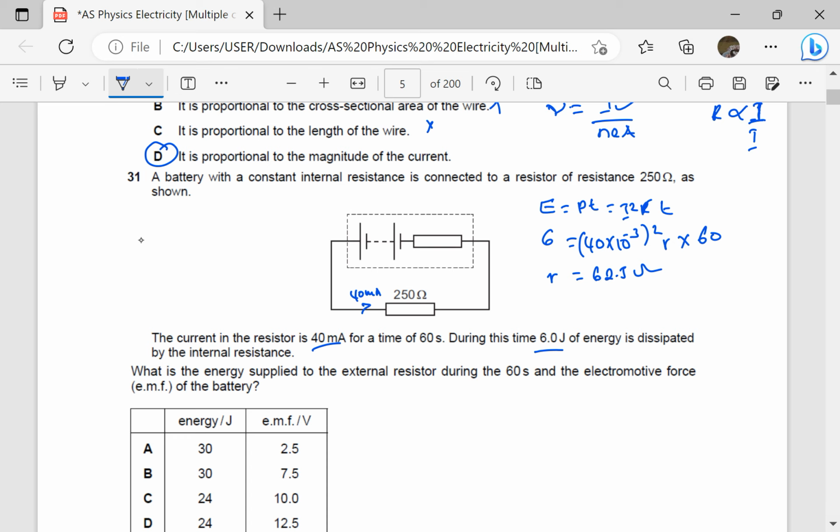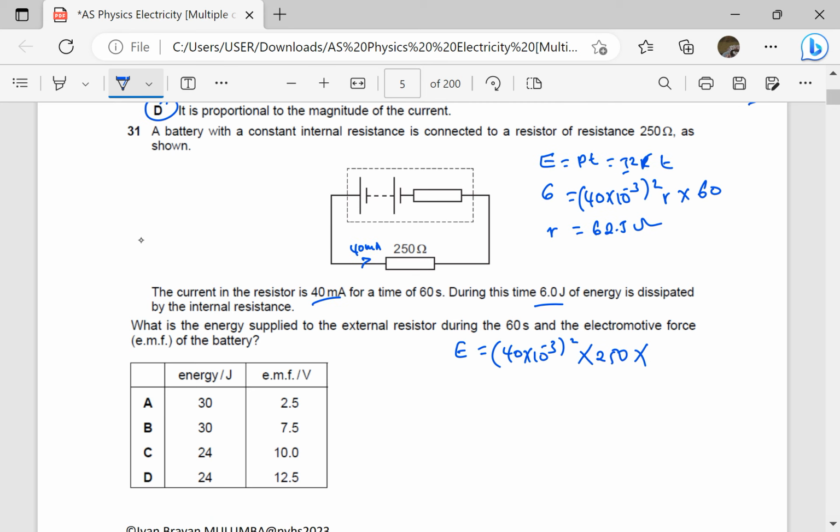Okay, what is the energy supplied to the external resistor during the 60 seconds, and the electromotive force? Energy supplied to the external resistor: energy is going to be the current, 40 times 10 power negative 3, squared, times the external resistance, 250, then times the time, which is 60 seconds.